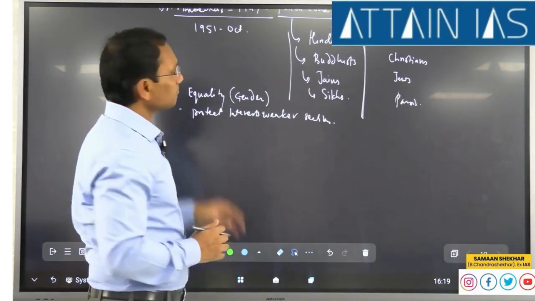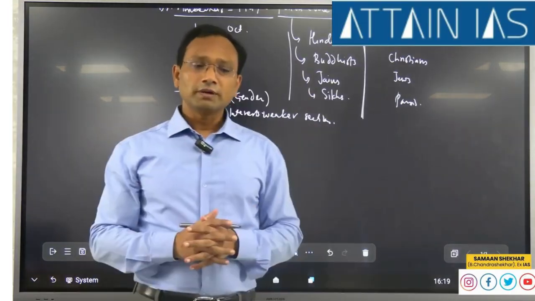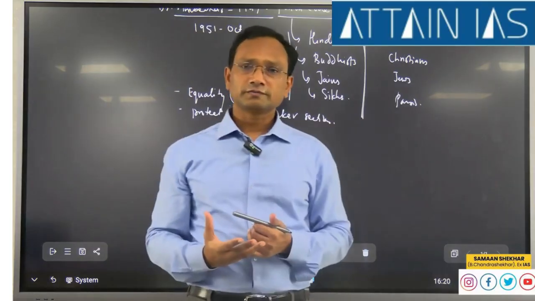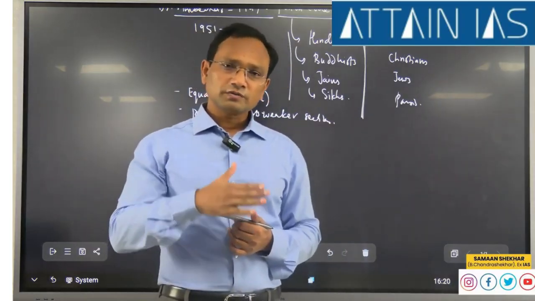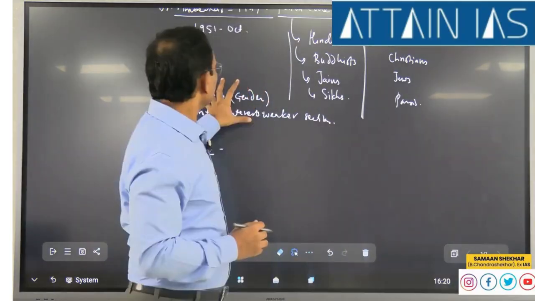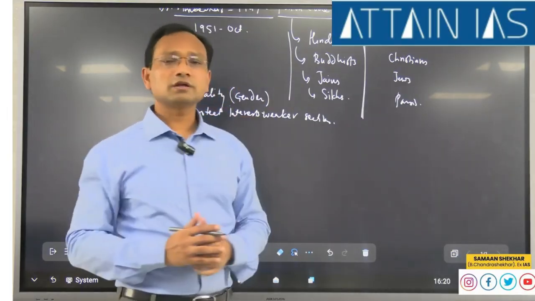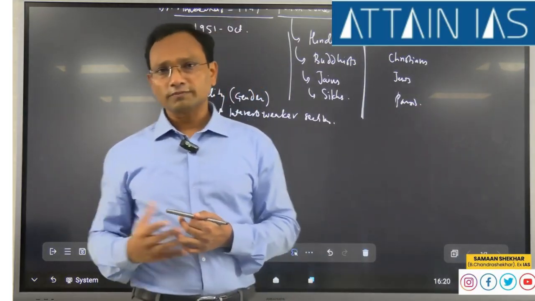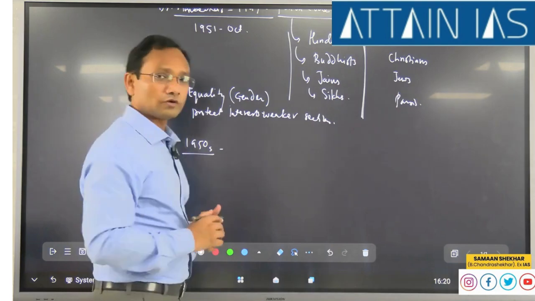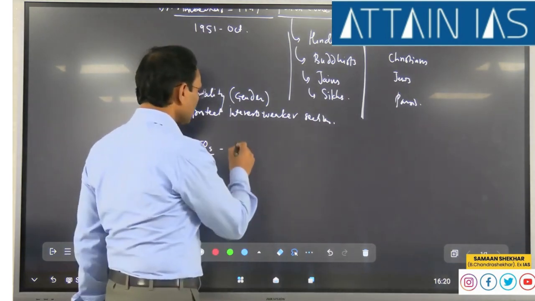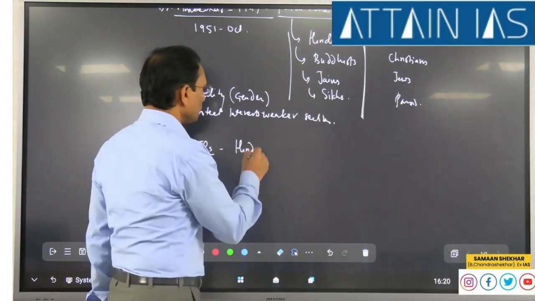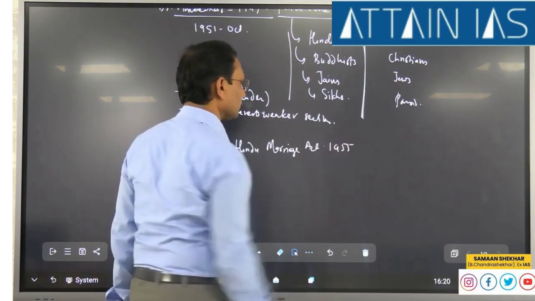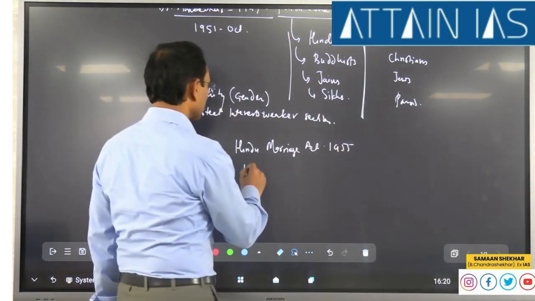Now, this act finally could not be passed, but in the early 1950s, some laws were passed governing different aspects. The provisions which were there in the Hindu Code Bill were incorporated in those specific laws, such as the Hindu Marriage Act, 1955, for example, or the Hindu Succession Act.